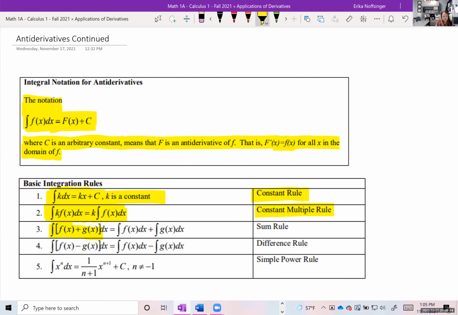If we had more than one term in there, we can break it down as the integral of each term, with a plus or minus in between, and that's our sum rule or difference rule. And then we have that general power rule. As long as our exponent was not -1, if we were taking the antiderivative of x to the n dx, then we're going to add 1 to our exponent, divide by our new exponent, and add that c.